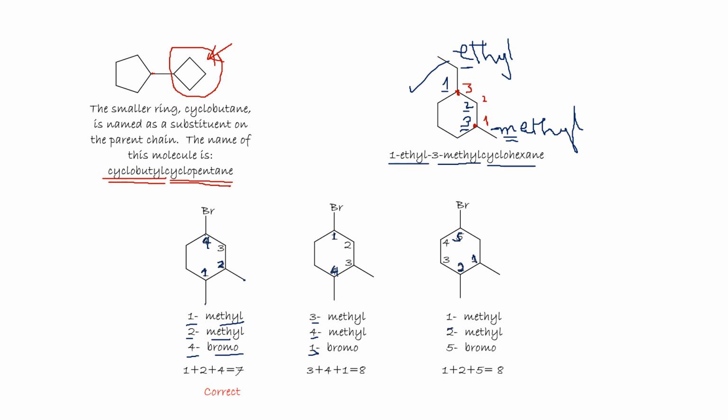And here 1 methyl, 2 methyl, 5 bromo. 1, 2, 4 is the lowest number. Here 3, 4, 1. Here 1, 2, 5. You put them together, they are 8: 1 plus 4 is 5, plus 3 is 8. 1, 2, 5 again 8. While the first one, 1, 2, 4, has a total sum of 7. So this will be the correct way to number your compound.